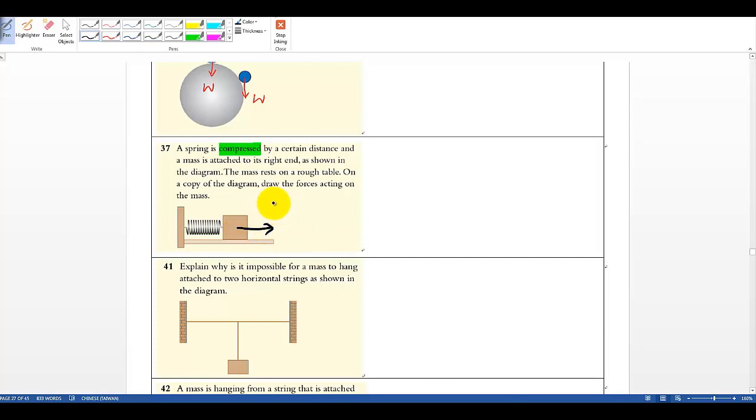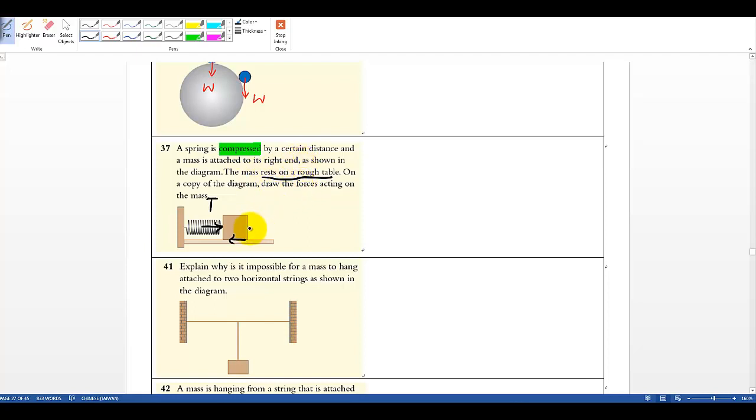Let's just call it tension or restoring force by the spring. That's fine too. Since it rests on a rough table, there must be a friction force that counteracts. I don't know which one would be larger, they didn't say.